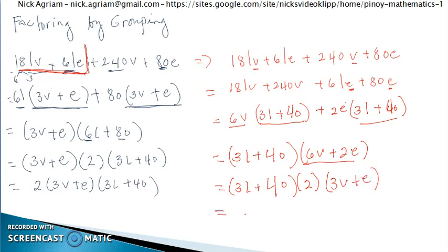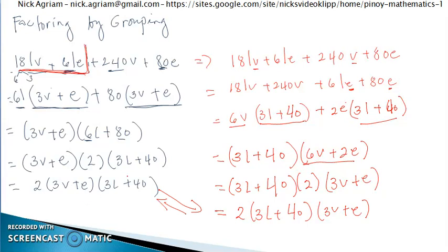So if we write it in another order, it will look like this: 2 times 3L plus 4O multiplied by 3V plus E in parentheses. If you compare what we got, we have the same answer.